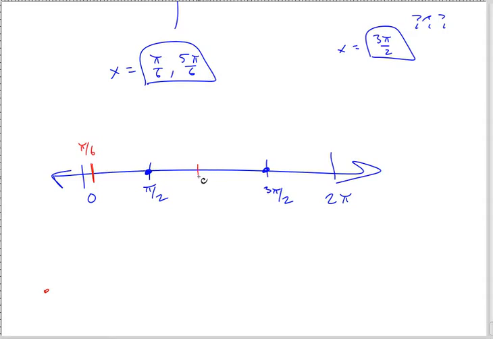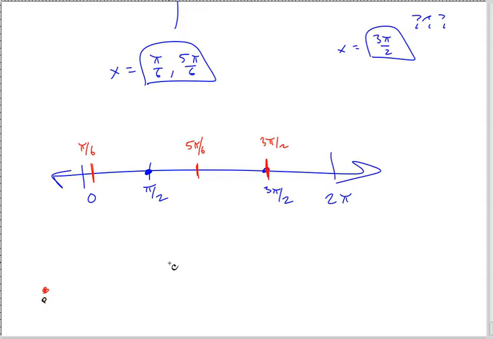This is going to be pi, so it's a little bit before that. And then again at this 3 pi over 2 business. Kind of weird there again. I need to split all this up and see where I'm increasing and decreasing and plugging things in and all this kind of stuff.